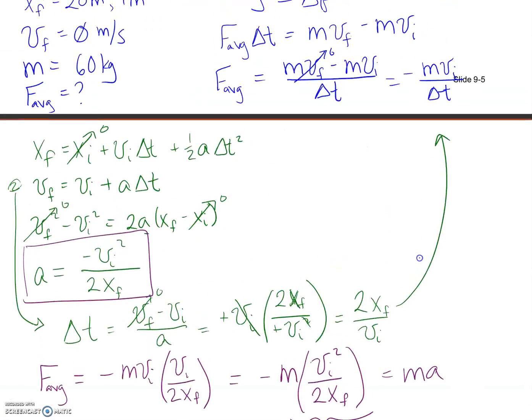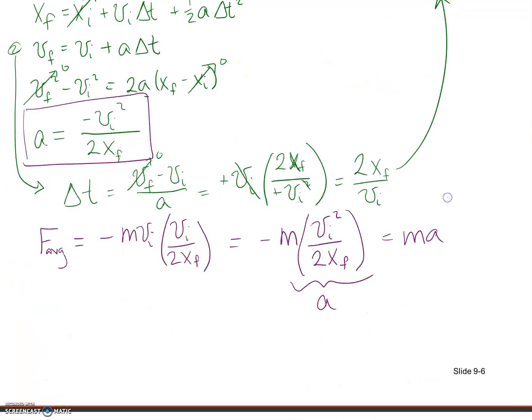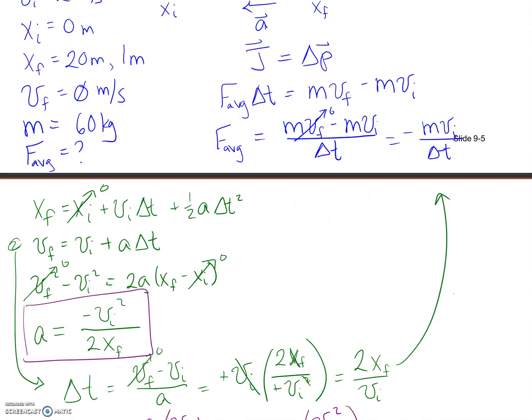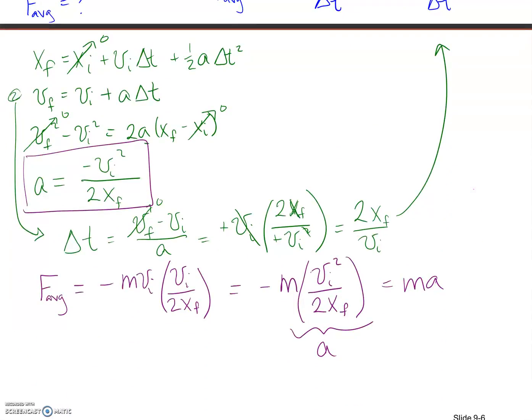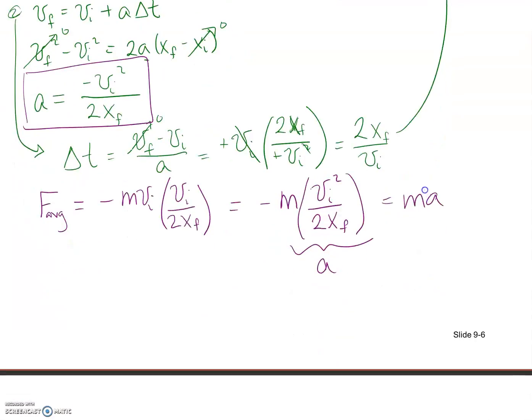What we realized is that we could have simply used Newton's second law once we found the acceleration, instead of having to use the impulse momentum theorem. These are two different ways of approaching this problem, and they both end up giving you the correct answer at the end. So let's plug in numbers.